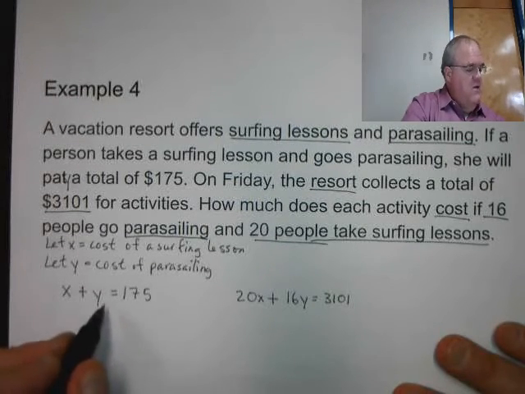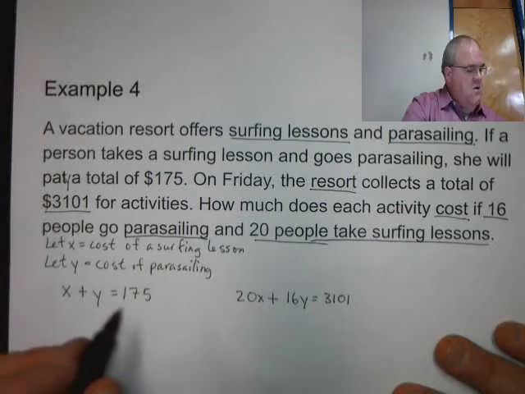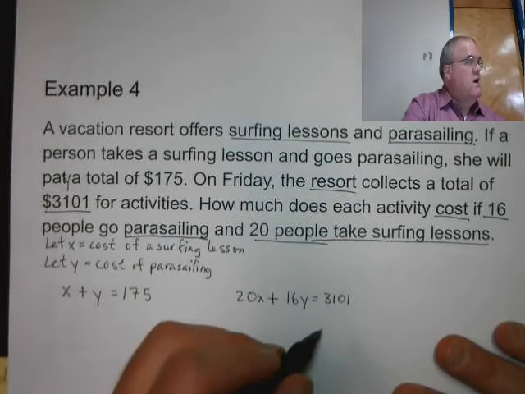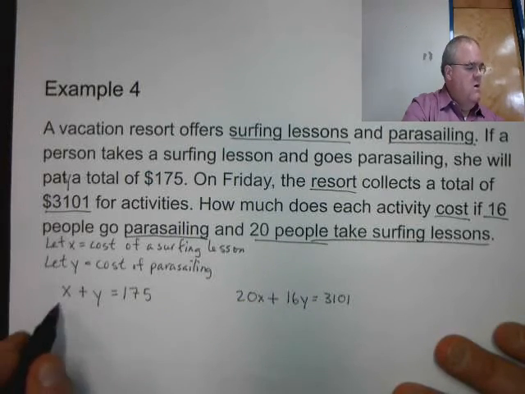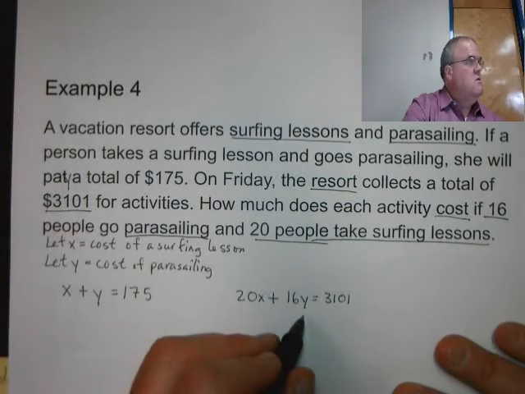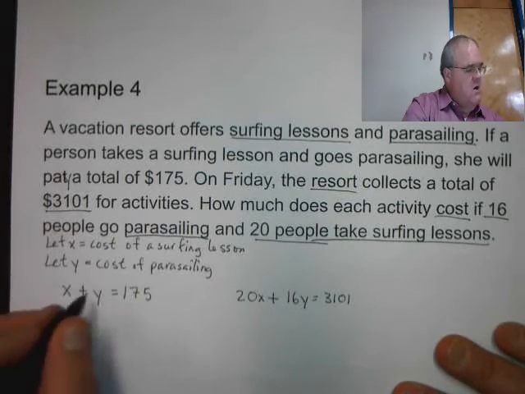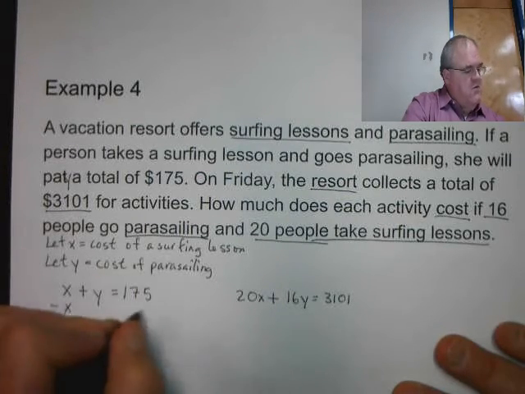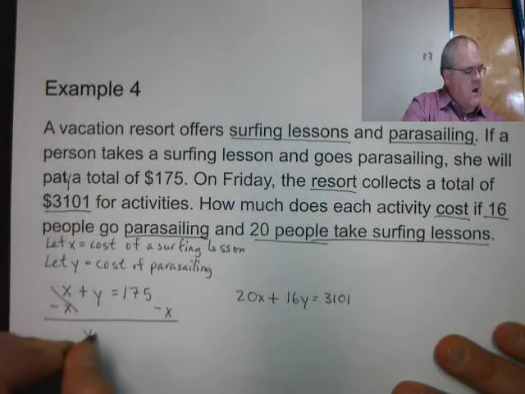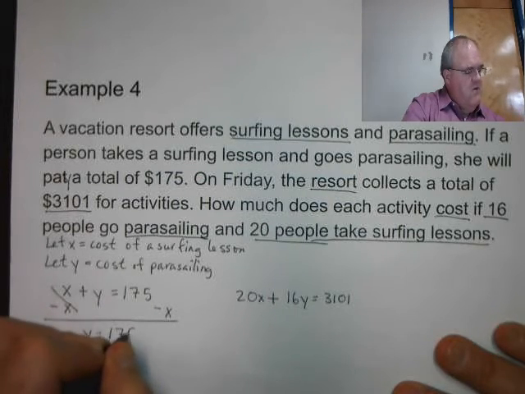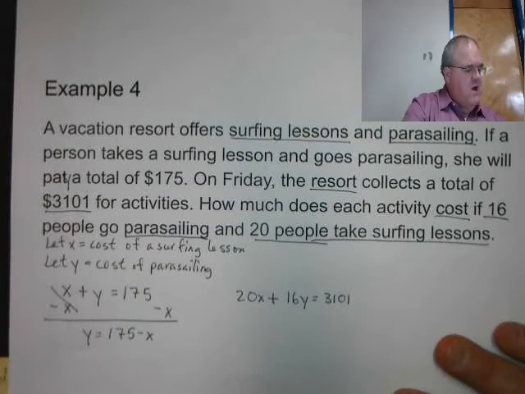And I need to solve one of these for y so that I can plug it in. Which one am I going to solve for y? Equation 1 or equation 2? Equation 1. So I'm going to subtract x from both sides. So I get y equals 175 minus x.